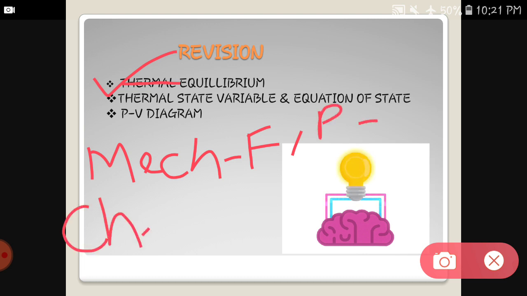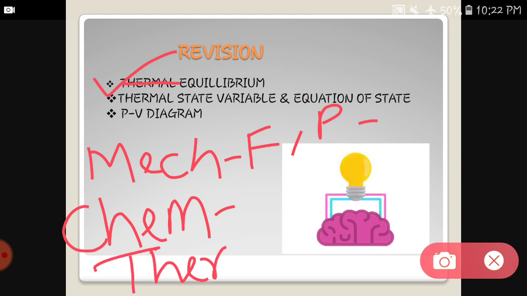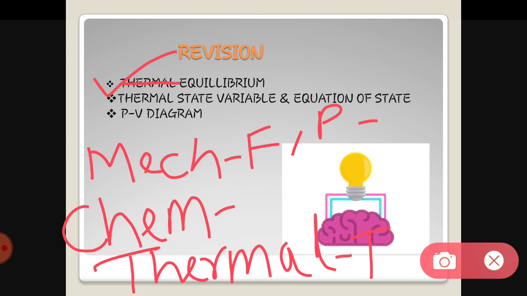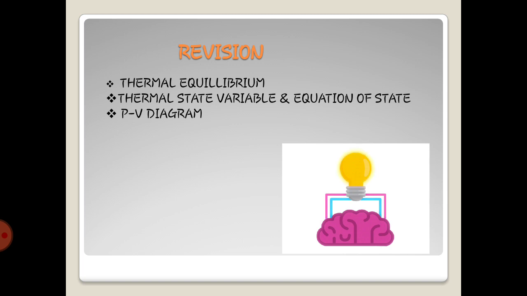Then we have seen chemical equilibrium, in which there is no reaction within the system and between the system and its surroundings. And the third, which is most important, is thermal equilibrium. What is thermal equilibrium? The temperature remains the same throughout.